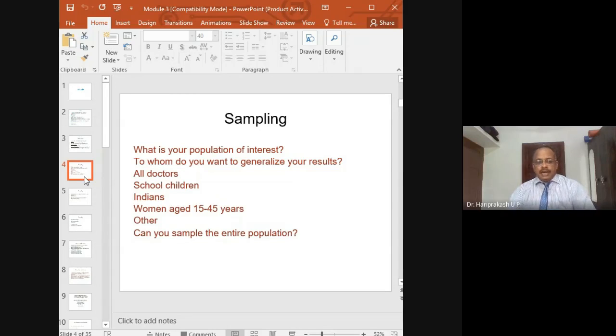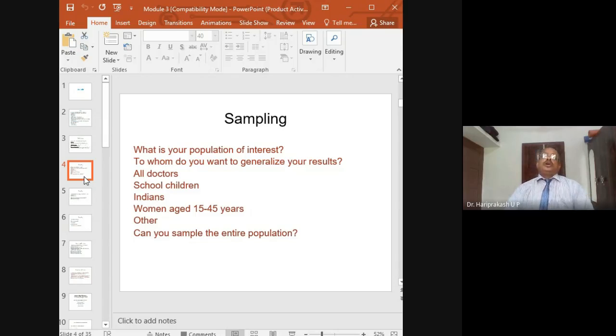So that is very much needed. Then, to whom do you want to generalize your results? So how to know which is your population? Now you are doing a study, and the findings, to whom do you want to generalize them? So that will answer who your population is.